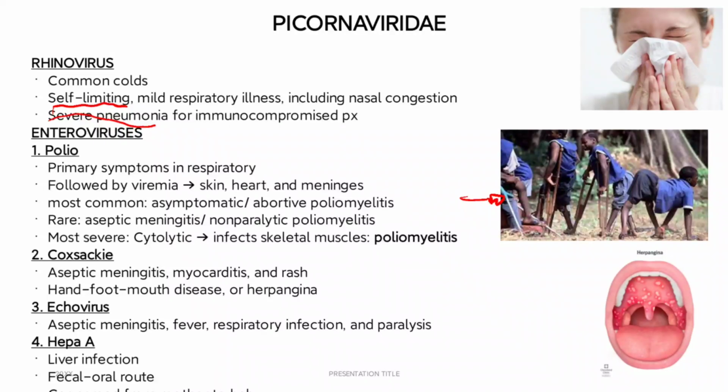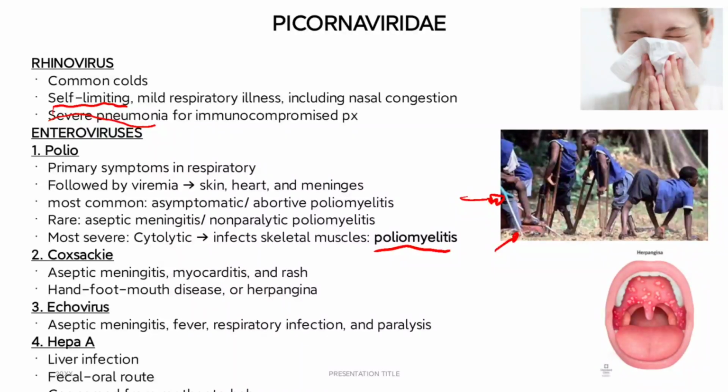And once they destroy the skeletal muscles of a patient suffering from polio, ito yung mangyayari. Mababaldado siya. So, this is what we call paralytic poliomyelitis or pwede rin lang sabihin mong poliomyelitis. Kawawa. So, yan, polio.